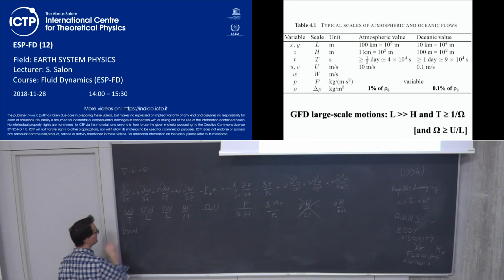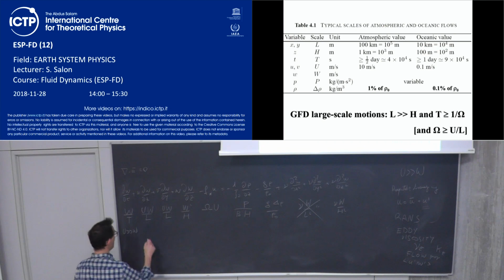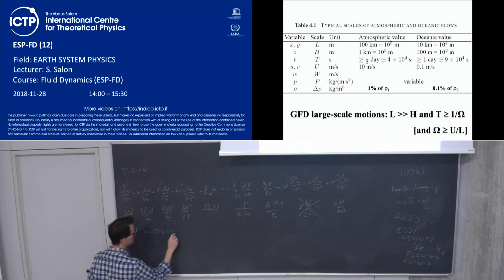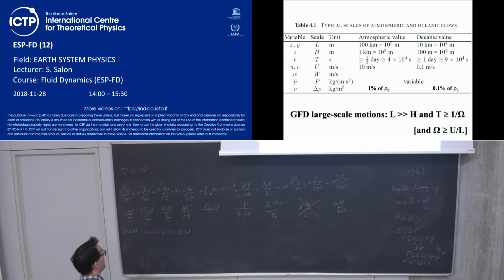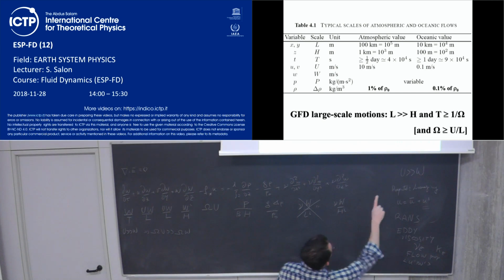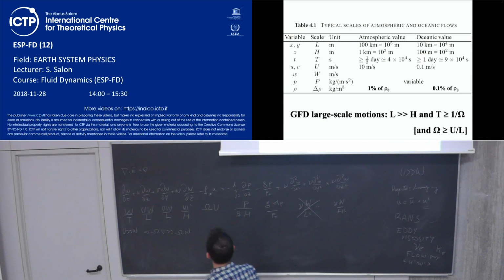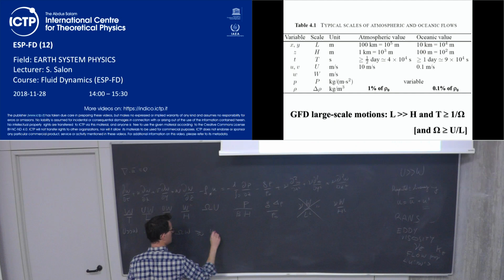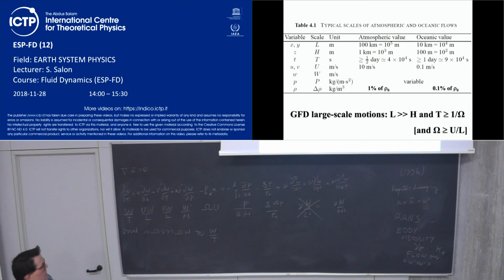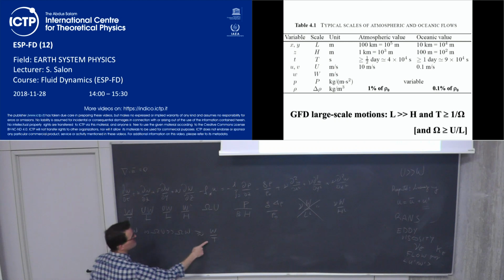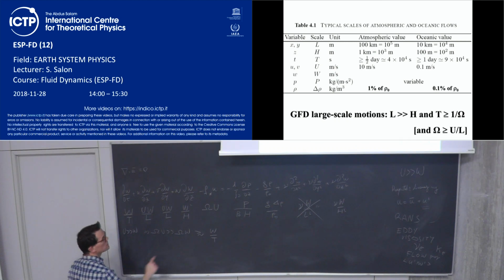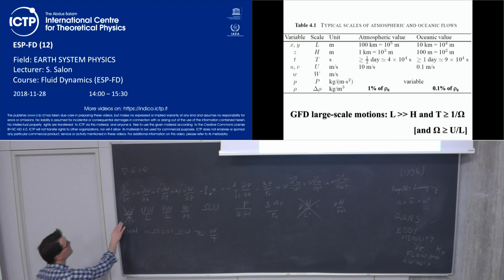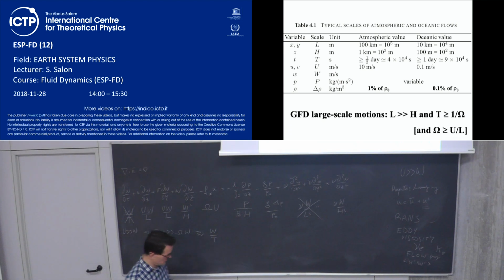We know that U is much larger than W. So it means that omega U will be much larger than omega W. But we know that omega is larger than 1 over T. So it means that omega U is much larger than W over T. So the Coriolis term, according to our scale analysis, is much larger than the local variation of vertical velocity. So vertical velocity can be neglected with respect to Coriolis acceleration.